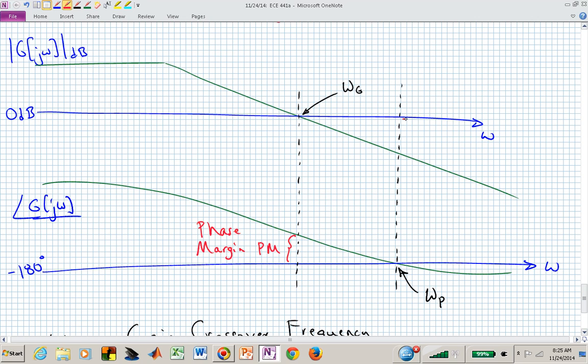Likewise, if we go over to the frequency where our phase is equal to minus 180, then how much gain can we allow to be added or increased into our system before our gain moves up to 1, and then we have this magic combination of 1 at minus 180. So this is now our GM, or gain margin.